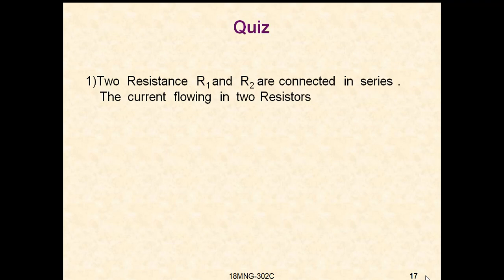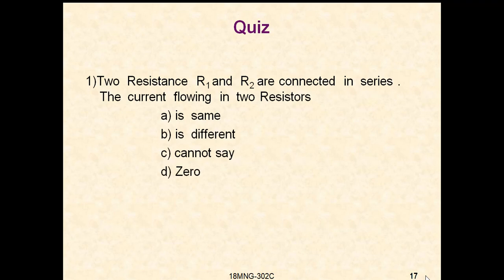The first question is, two resistors R1 and R2 are connected in series, then the current flowing in two resistors is option A, same, option B, different, option C, cannot say, option D, 0.